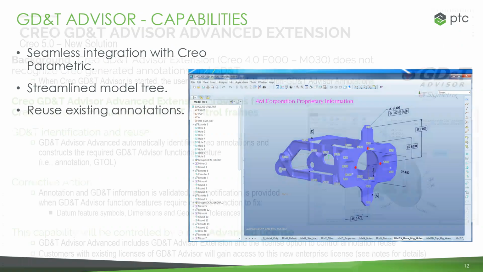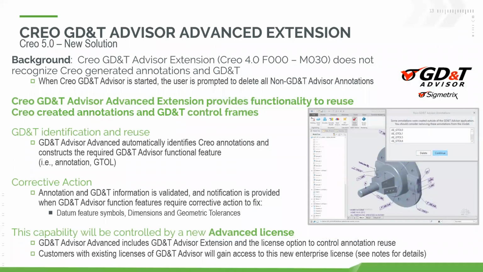And that's something that I actually want to touch on here as well. There was an advanced extension for the GD&T Advisor introduced a bit ago. So a little bit of background into this. Your standard GD&T Advisor extension, whenever you start into the process, doesn't recognize any 3D annotations that were created outside of the advisor. So normally users are prompted to delete all of those non-GD&T Advisor annotations.